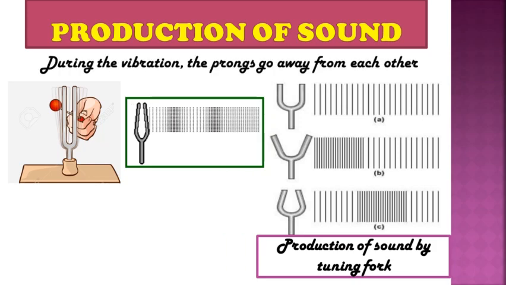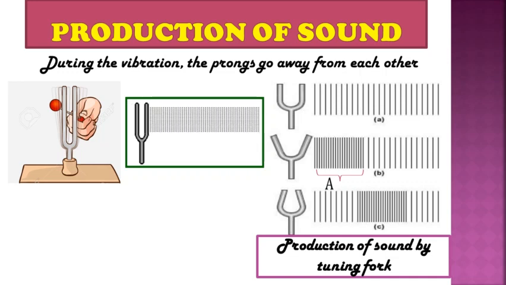We will see step by step the result of such a motion. Now if during the vibration the prongs of the tuning fork go away from each other, as you can observe in the B part, the air outside the prongs is compressed and the pressure there increases, and such a state of high pressure is created in region A of the B part.